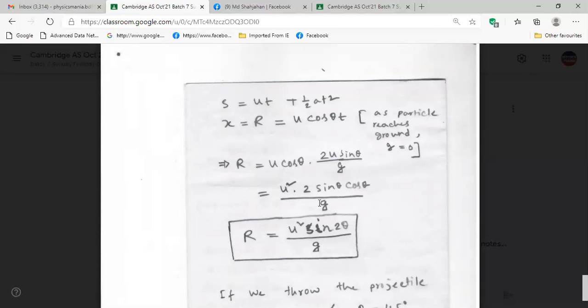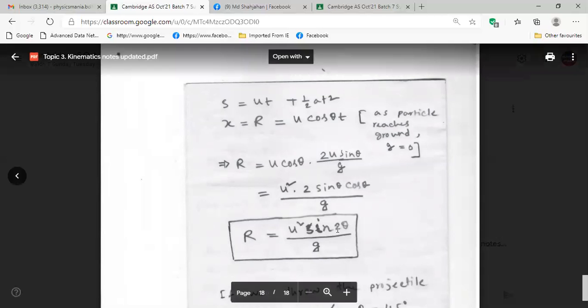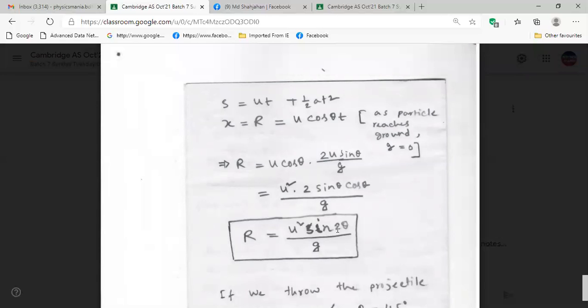2 sin theta cos theta we are writing, divided by g. Then we have u square sin 2 theta by g. How? Because in trigonometry we have this relationship, that 2 sin theta cos theta equals sin 2 theta, right? Do you know it?